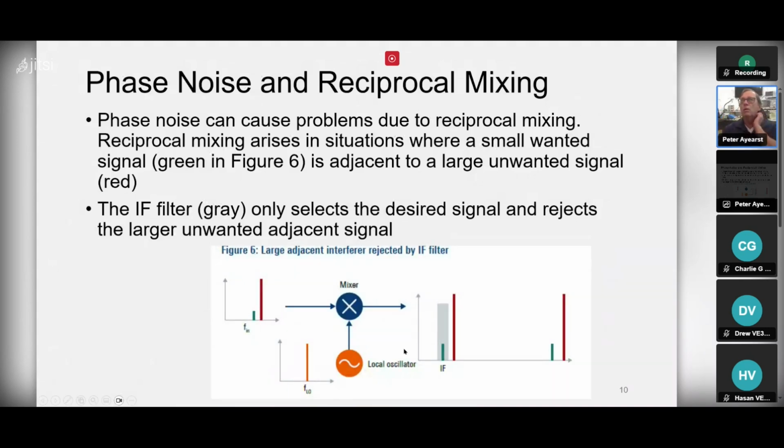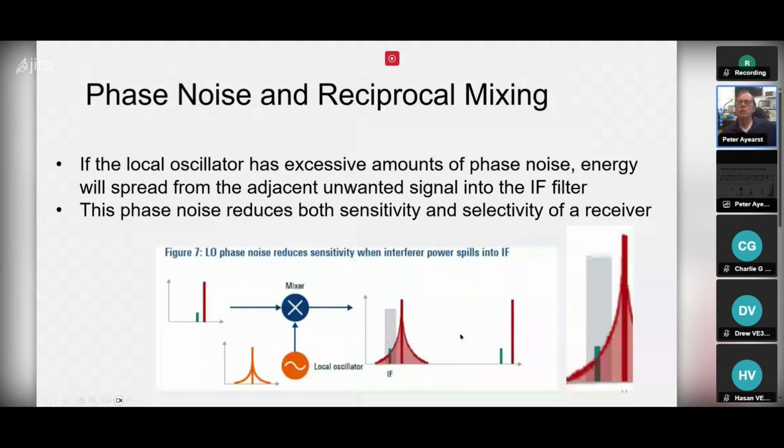However, if you have a noisy LO, you can see here now where the sensitivity and selectivity of your system is now compromised, and you can see here where the wanted signal is just peeking above the phase noise, and I just blew it up here a little bit so you can see a little bit clearer. So this is how that happens.